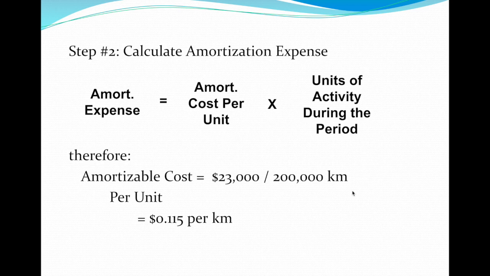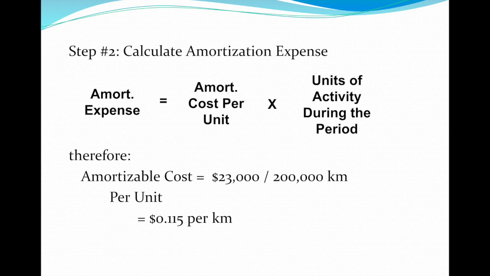So let's say you have a moving truck. Moving trucks typically do a lot of driving on the highway, so they tend to travel quite long distances. You could make an estimate that, if we say a kilometer is a unit of activity, a moving truck would drive 200,000 kilometers, or 200,000 units of activity, during a year.